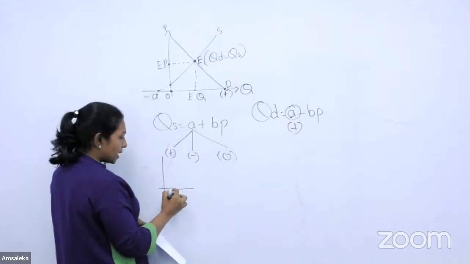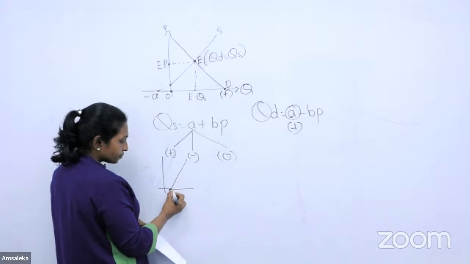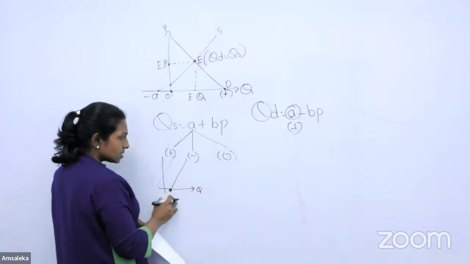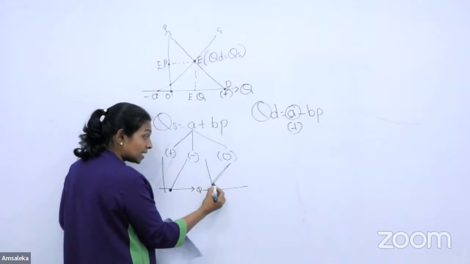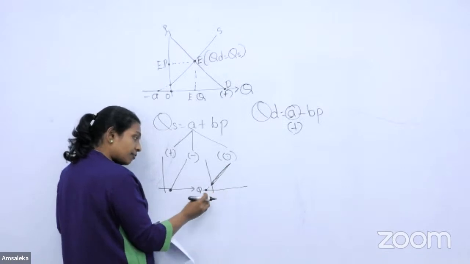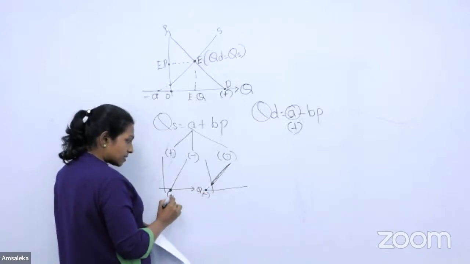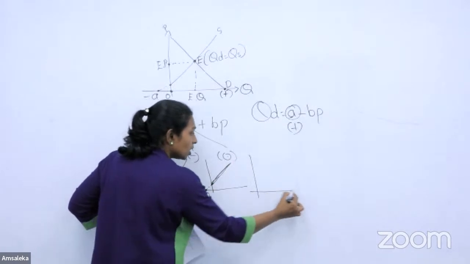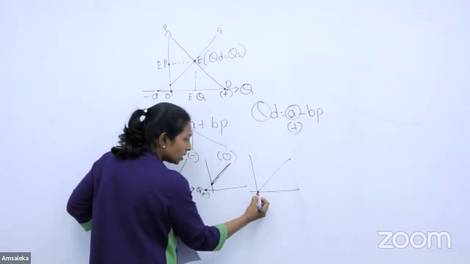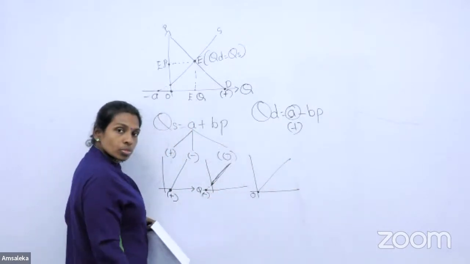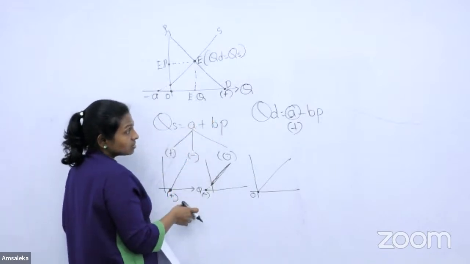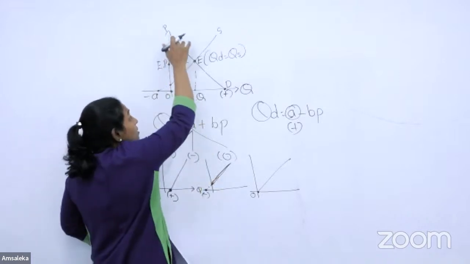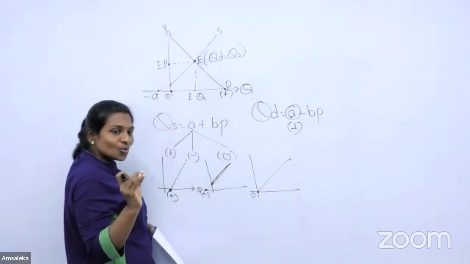Plus means the supply line is starting from here, from the Q axis. Minus means it's starting from the price axis, but indirectly starting from minus. But this is the plus case. 0 means it's starting from the origin here. See, for the supply function A, there are 3 chances, but QD has only 1 chance for a normal good with a downward sloping demand line.